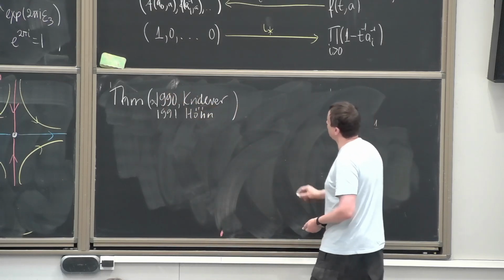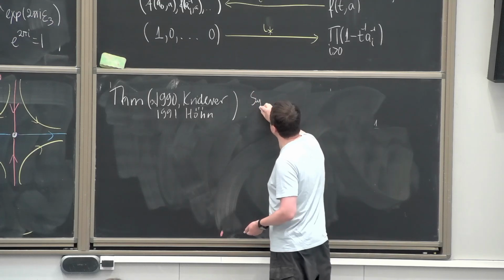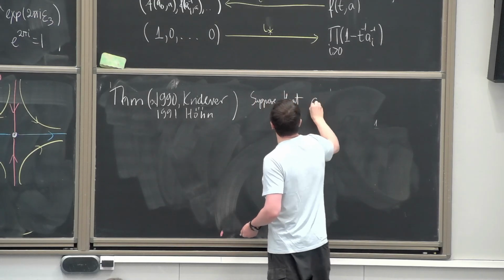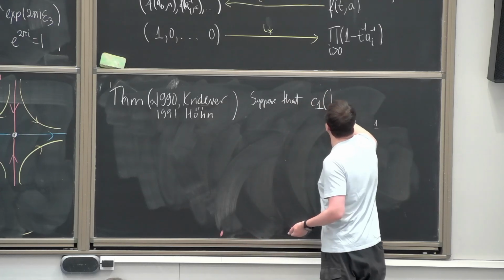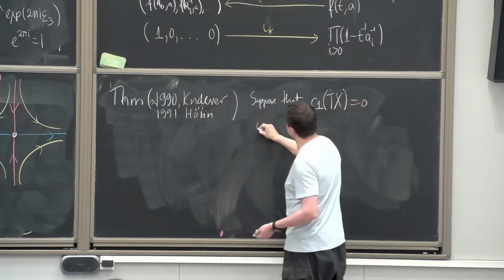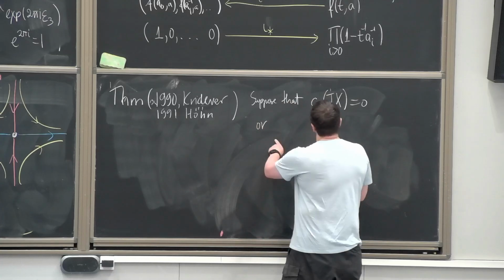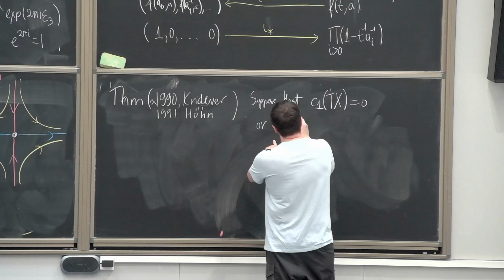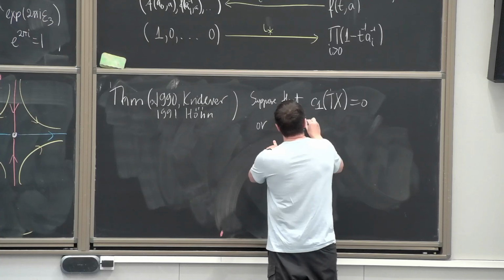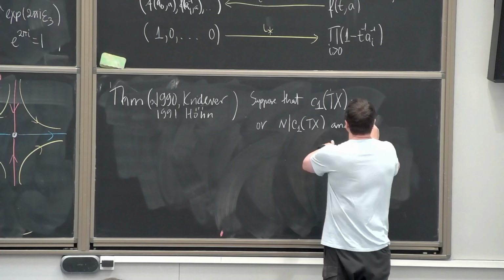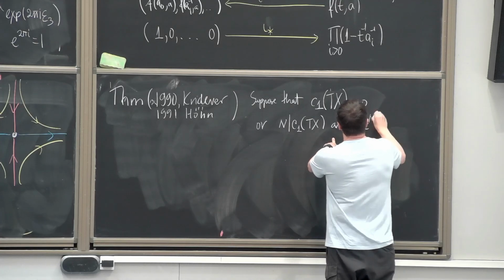So suppose that the first Chern class of the tangent bundle is either 0 or divisible by some number n, and this variable z to the n is a root of unity.